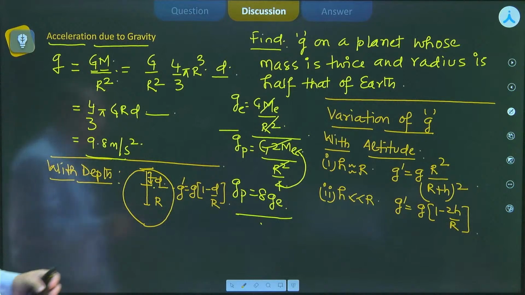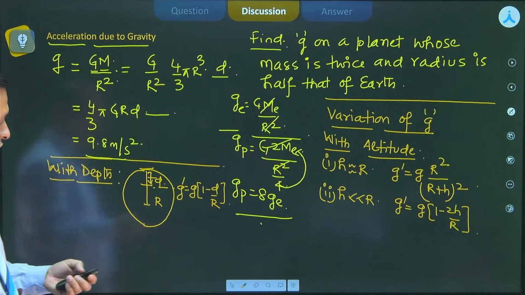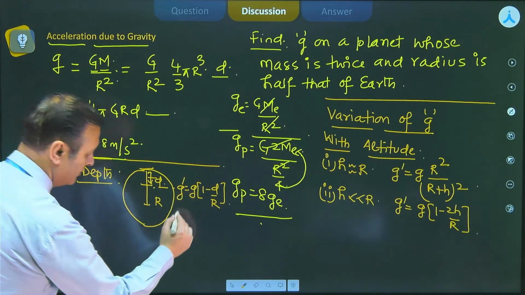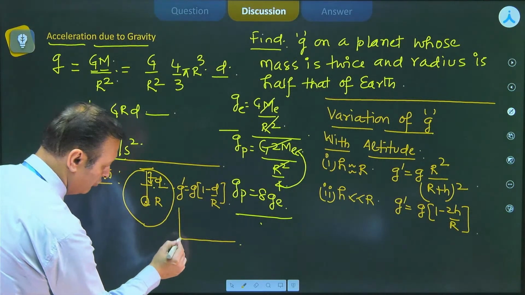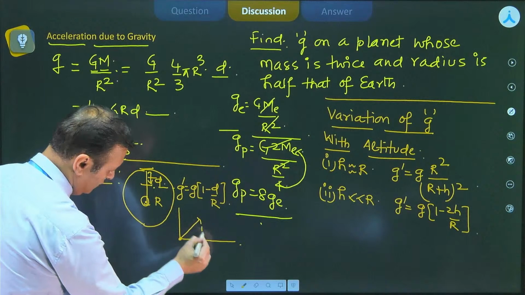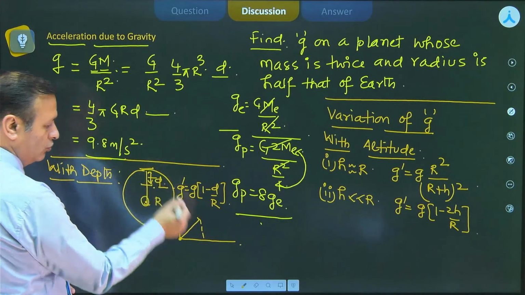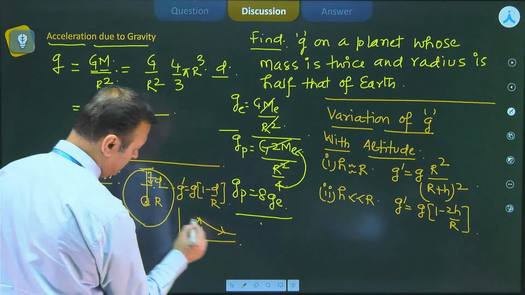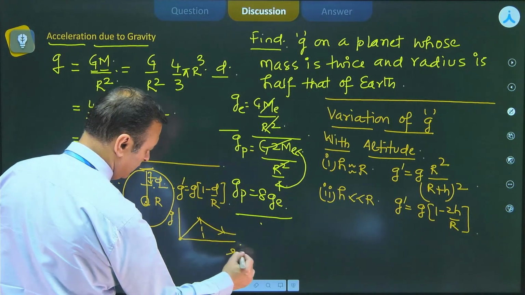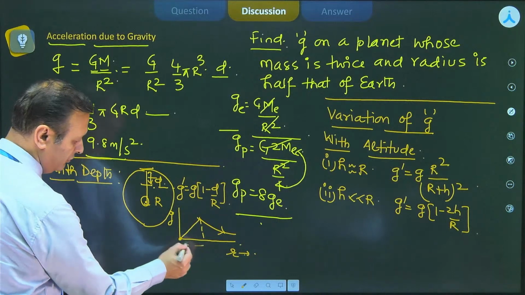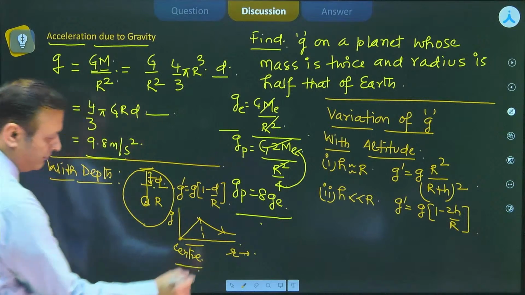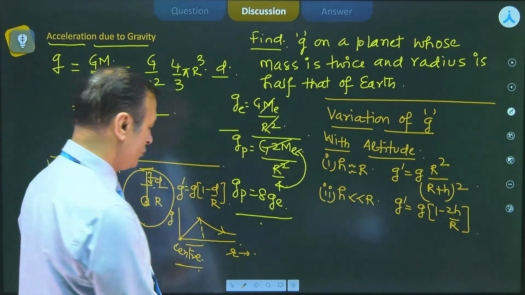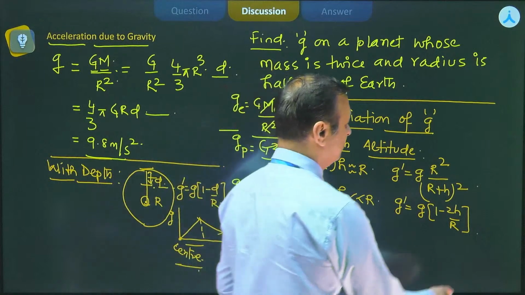So, these are the formulas you have to keep in mind when you solve all these varieties of questions. And when you move to the center of Earth, acceleration due to gravity would be 0, and this is how it grows directly as you come from the center towards the surface and finally outside the surface. This is how it varies with respect to r. So, this is for the depth and this is at the center of Earth.